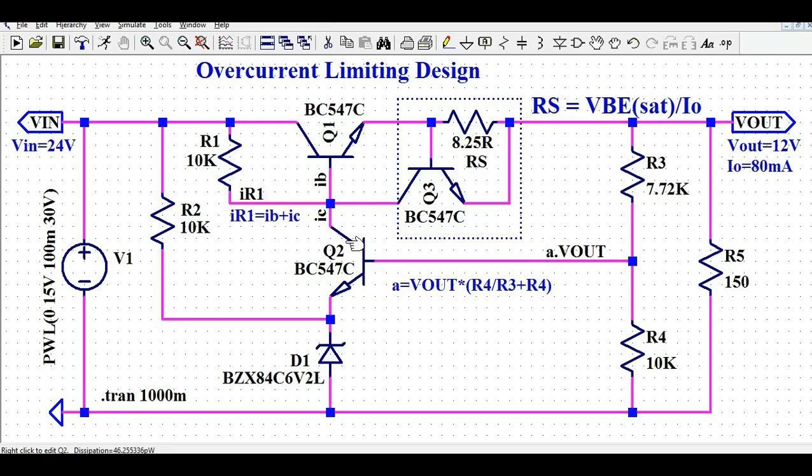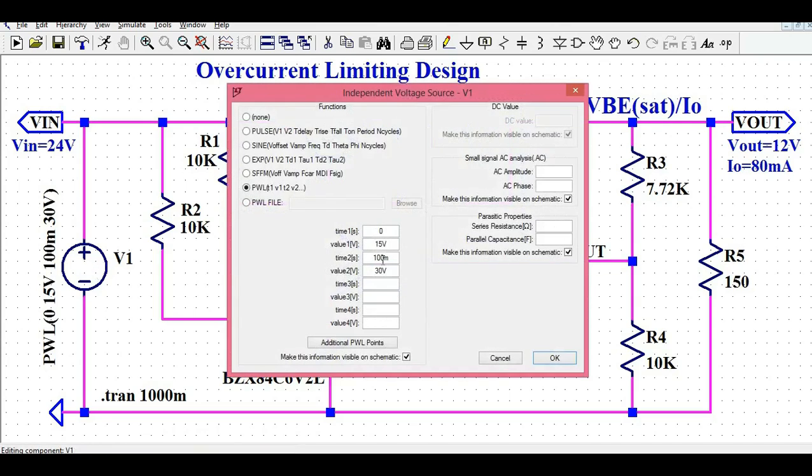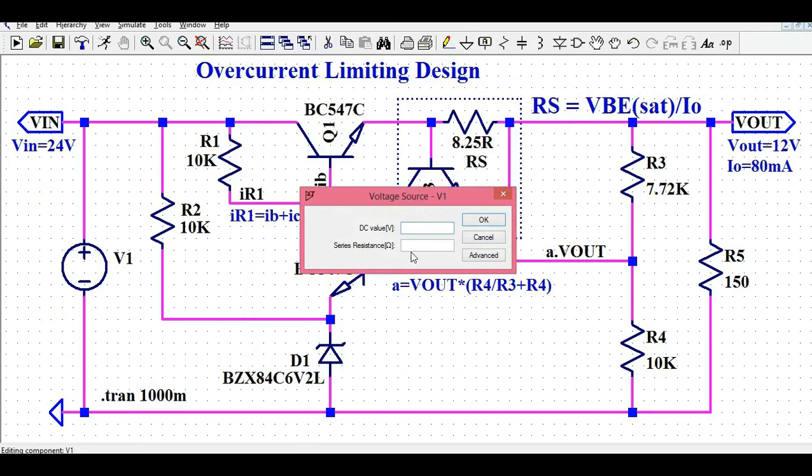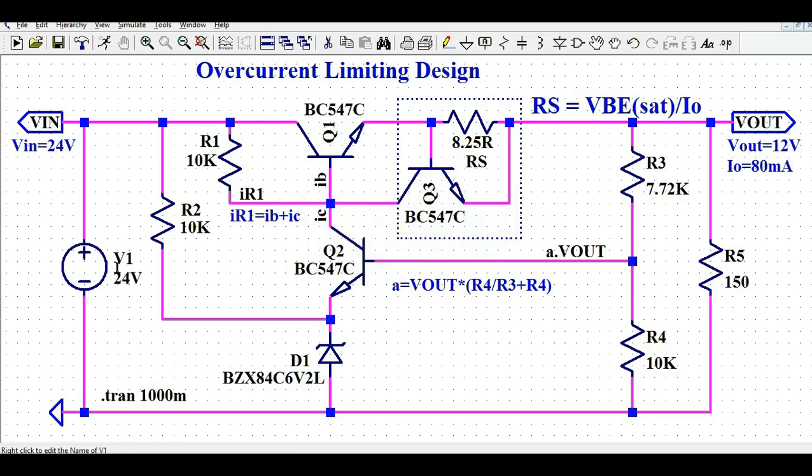Let us assume that for now, and the input is 24 volt. I recommend you use a fixed value. I'm using DC, and let's assign it 24 volt. I'm not changing any input voltage here.